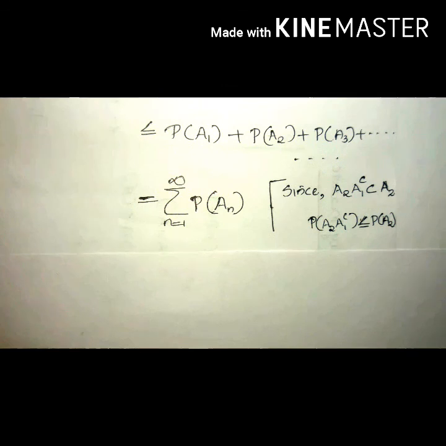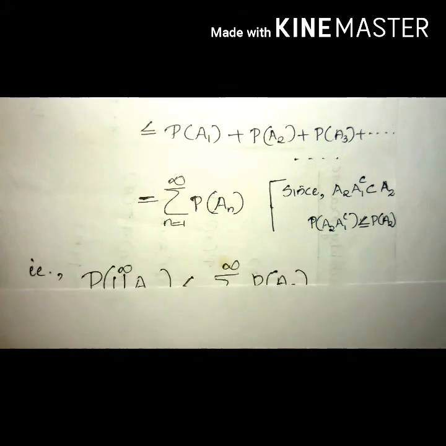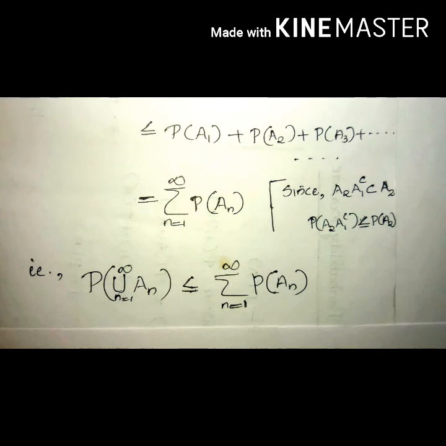Therefore, we get P of union n equal to 1 to infinity An is less than or equal to summation n equal to 1 to infinity P of An.